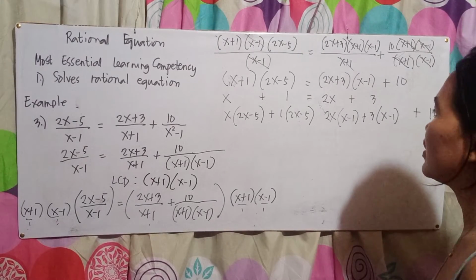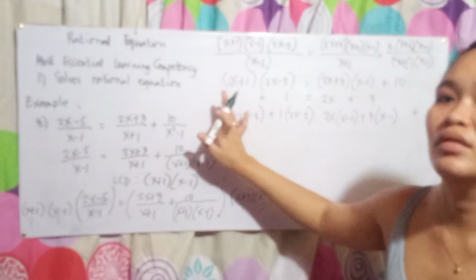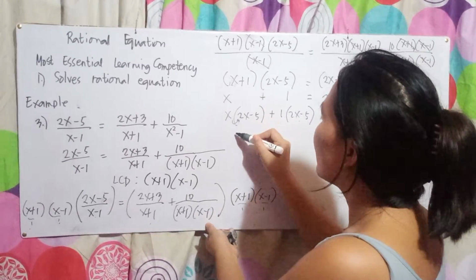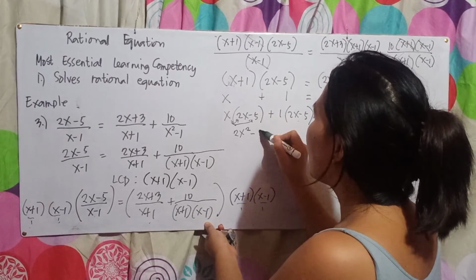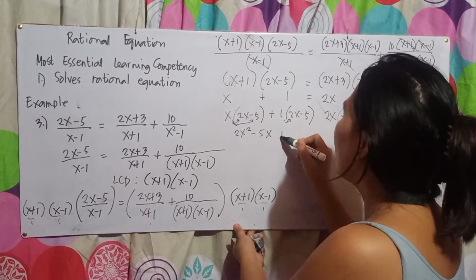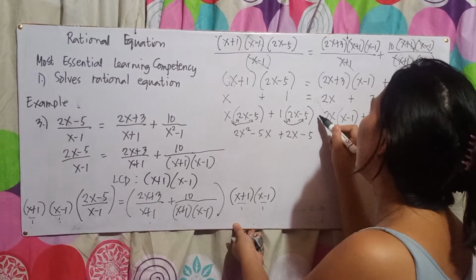This just shows how distribution is done. So multiply 2x squared, negative 5x, plus 2x, and negative 5.